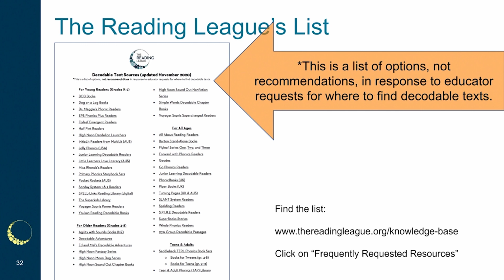If you go to thereadingleague.org and click on the Knowledge Base tab, you'll then scroll down and click on Frequently Requested Resources, and you'll see our decodable text sources document, and we update that periodically as we learn about new publishers' products. Now, please do not think, and we even put it in print, this is not books we recommend. This is just options for you to go as a consumer, an educator who wants to know what's out there. We just put them all in one place.